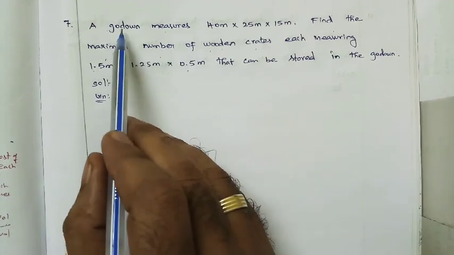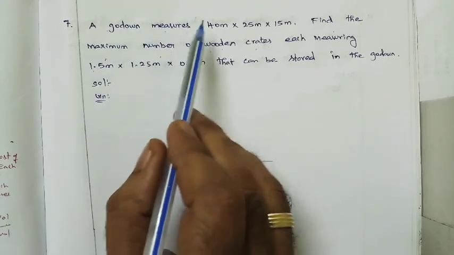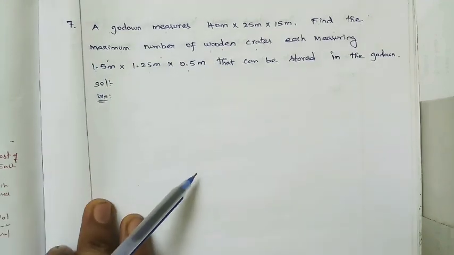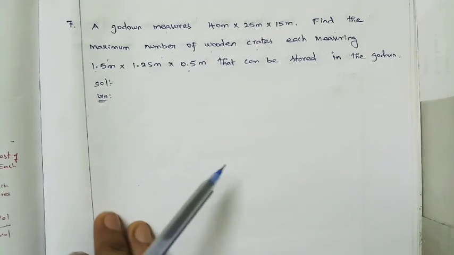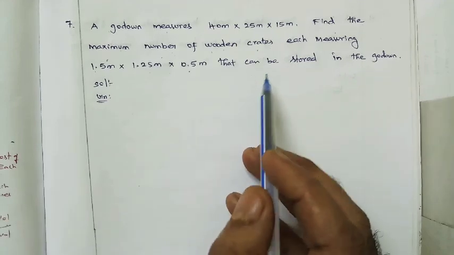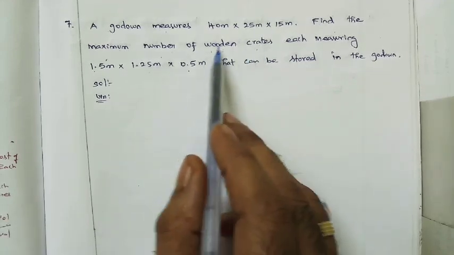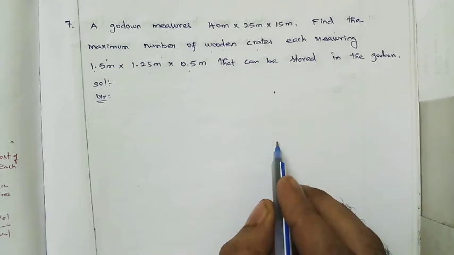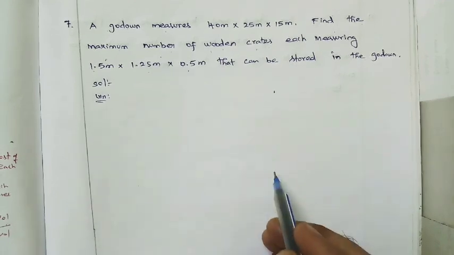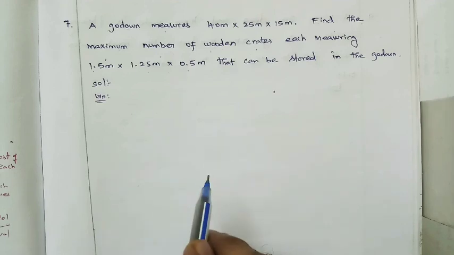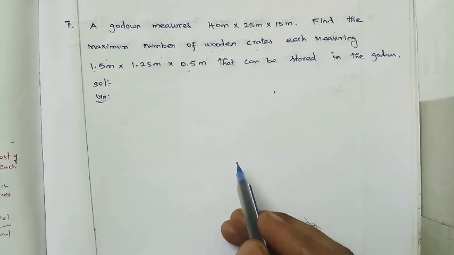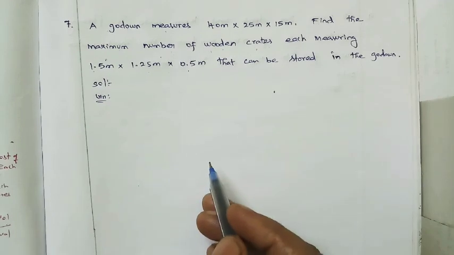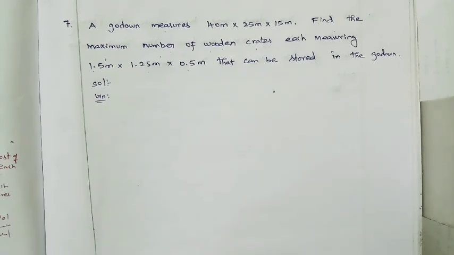So the number of wooden crates is equal to the volume of godown divided by the volume of a wooden crate. While dividing, we will get the total number of wooden crates that can be stored in the godown. You can take it as homework. It is a very easy thing, right?